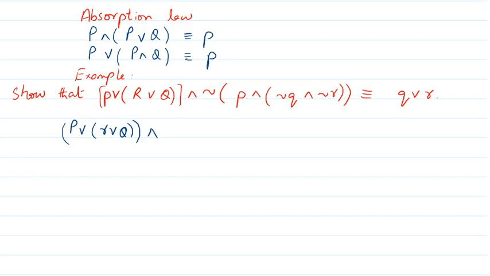Upon applying De Morgan's law here, what I will get is not of P, this AND is replaced by OR, and the whole not symbol is applied over not of Q ANDed with not of R.